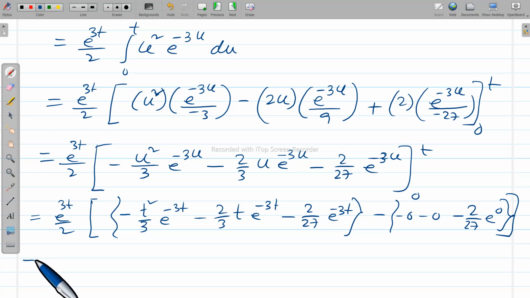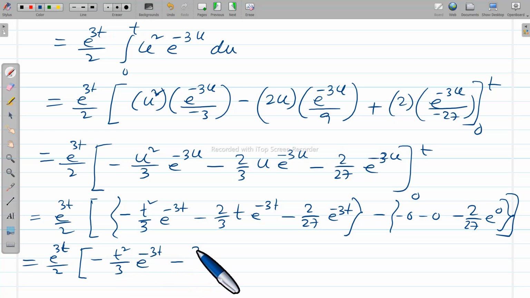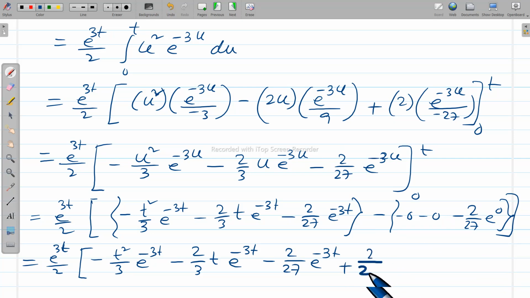Okay, so ultimately it is coming e to the power 3t by 2, then it is coming minus t square by 3 e to the power minus 3t, minus 2 by 3 t e to the power minus 3t, minus 2 by 27 e to the power minus 3t, and minus minus plus 2 by 27. e to the power 0 means 1.